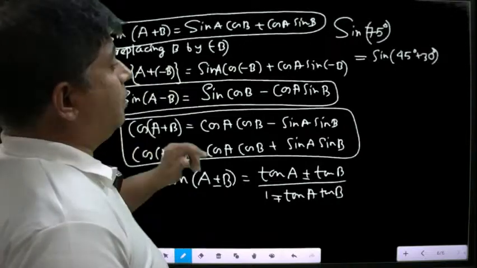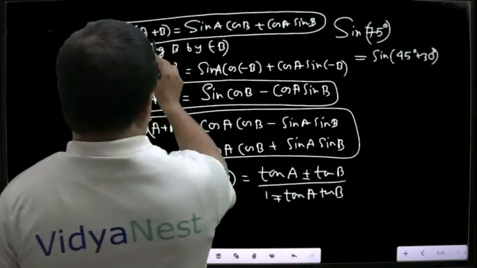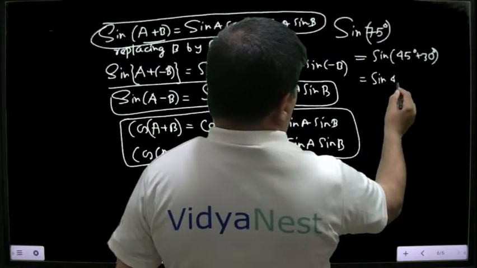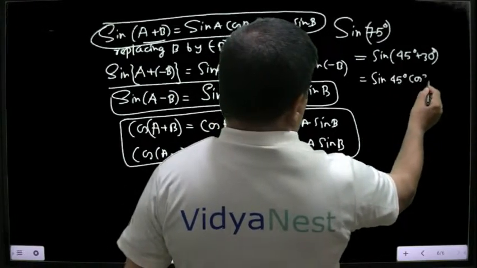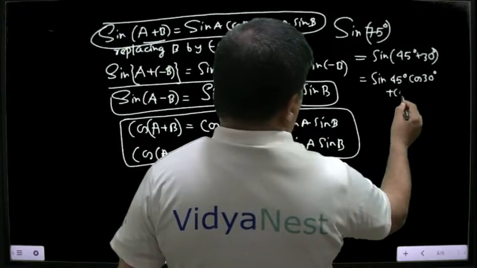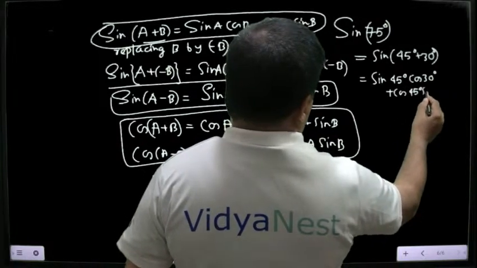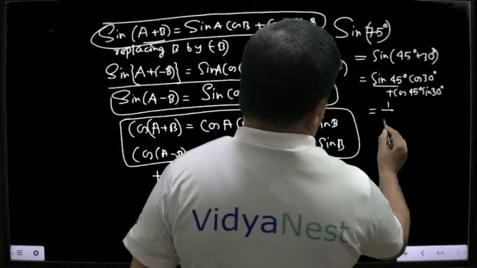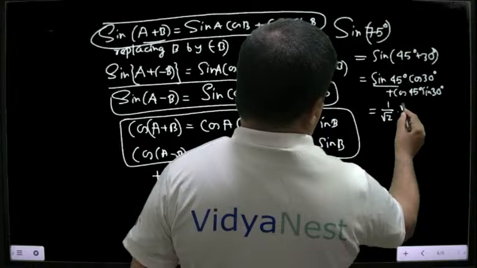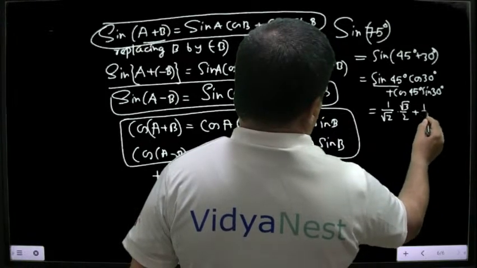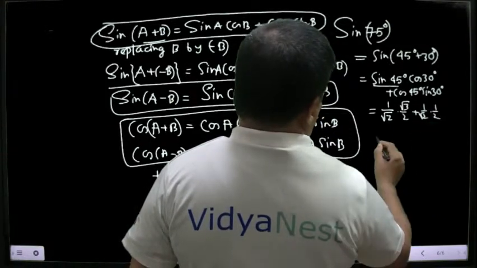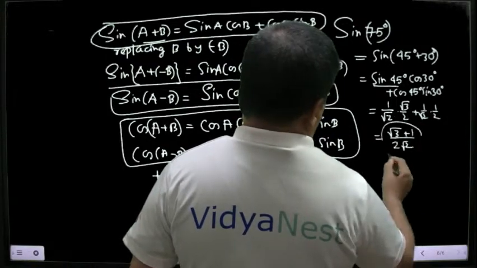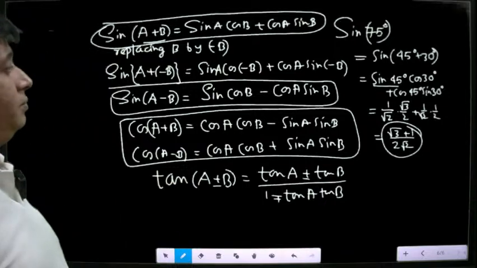Now you can compare this expansion with sin A plus B. See, sin A cos B plus cos A sin B. Sin 45 is 1 by root 2, root 3 by 2, 1 by root 2 half.